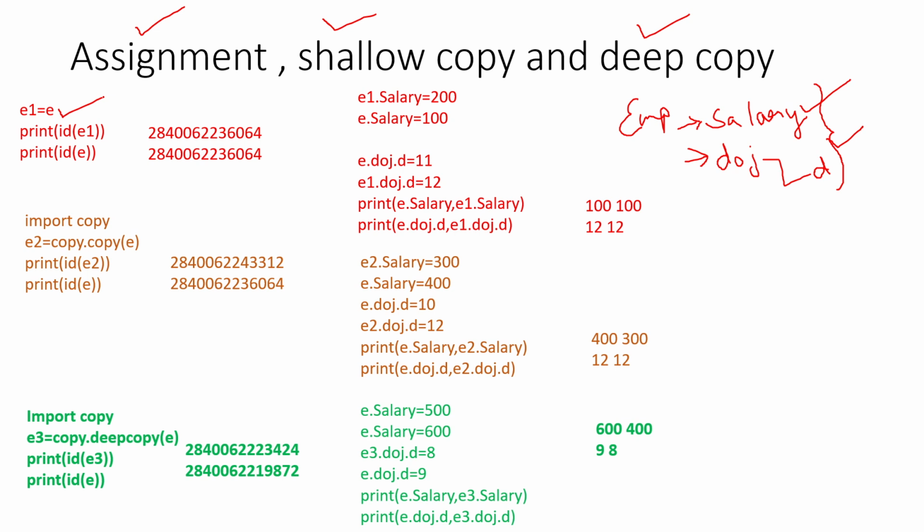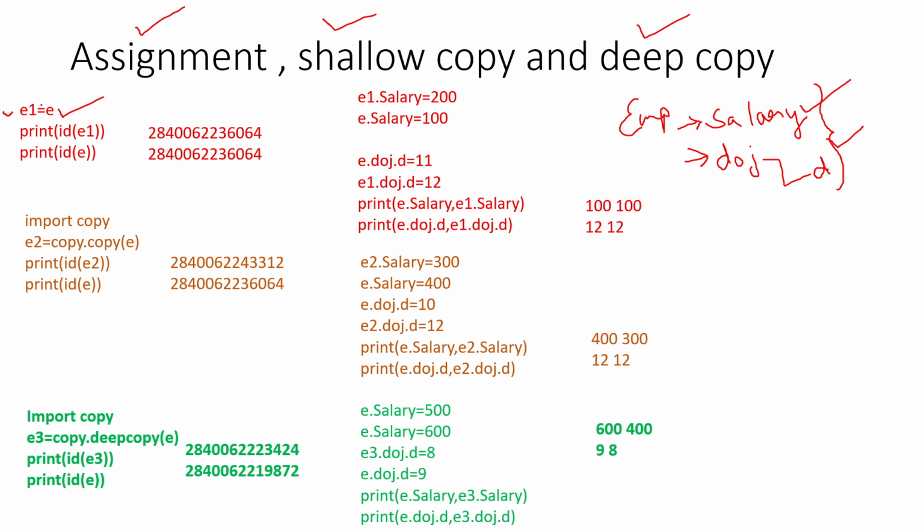The first one, assignment. Here E1 is a new variable that I am going to take, which is assigned the value E. E is assigned to E1. This you have seen in different languages, just an assignment. How is this different? Here, when you perform the assignment operation, it does not allocate a new memory location.